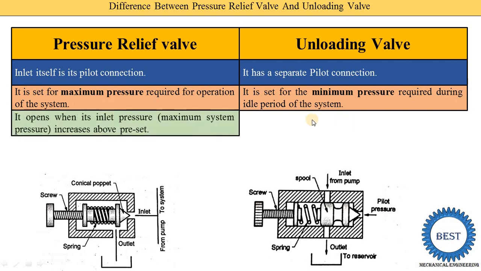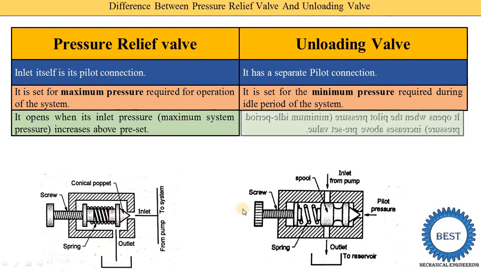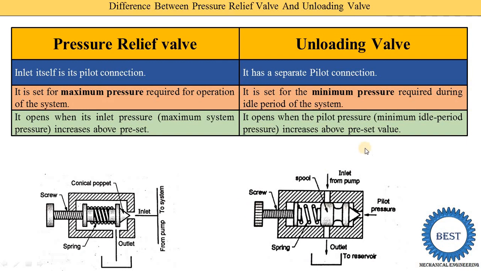Third point: a pressure relief valve opens when its inlet pressure increases above the preset value. As I already explained, it is set for 10 bar, and when the system pressure increases above 10 bar, the inlet works as the pilot connection, so it opens the valve and oil is supplied back to the tank or reservoir. The unloading valve opens when the pilot pressure increases above the preset value.